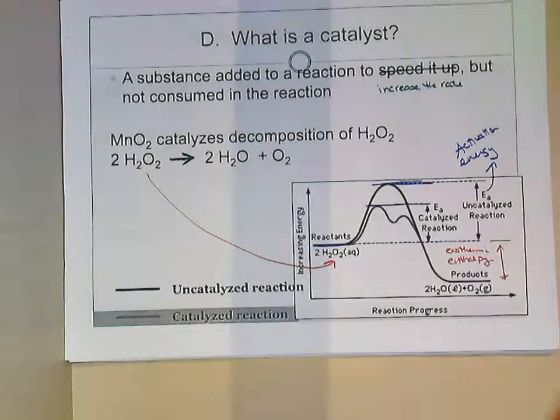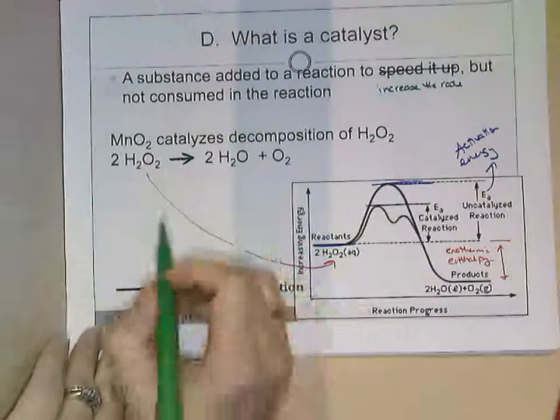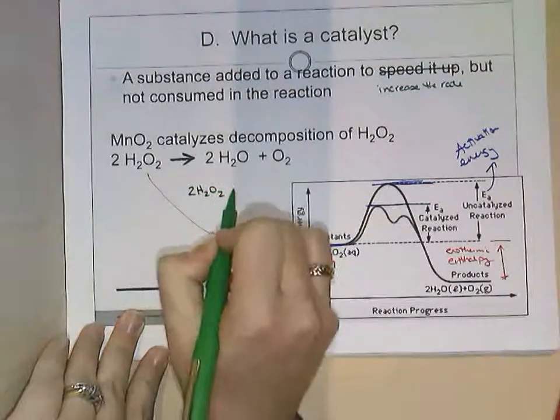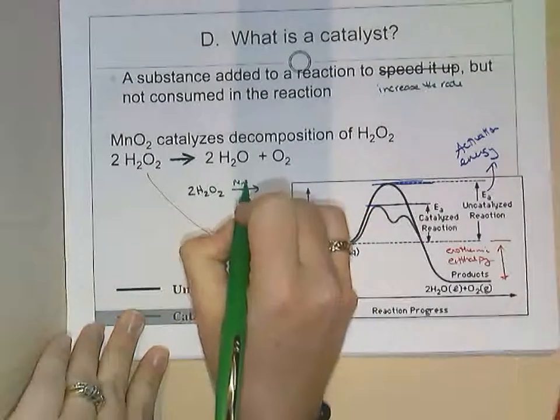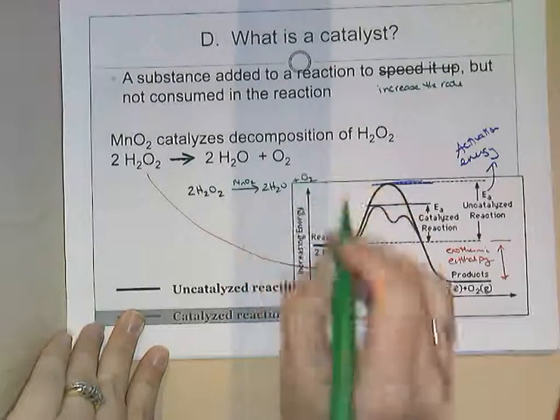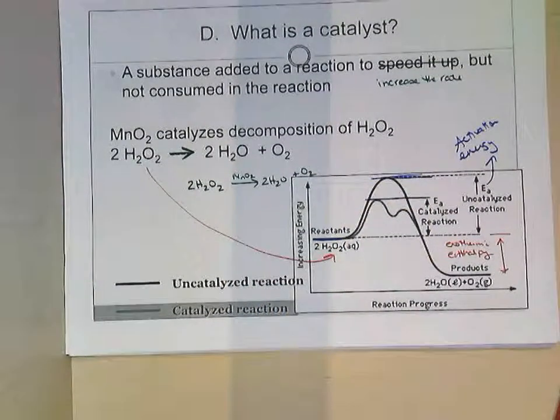All right, so we could add a catalyst to this reaction, and we would write it like this. Maybe more in a straight line, where you still have the same hydrogen peroxide, but now you add the manganese dioxide, and it still makes water and oxygen.